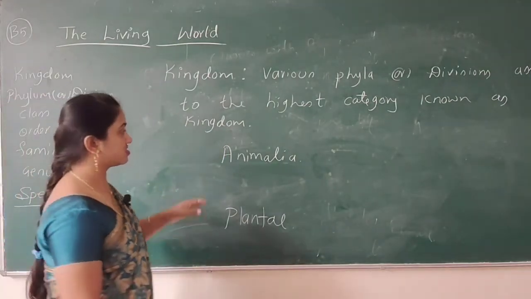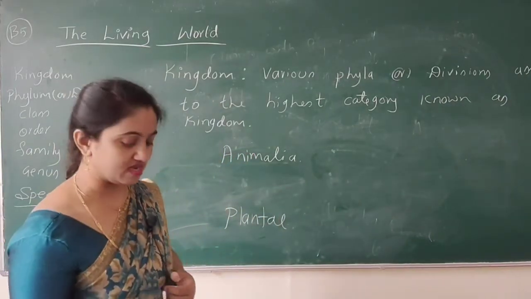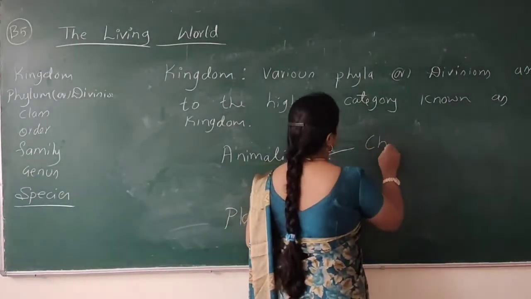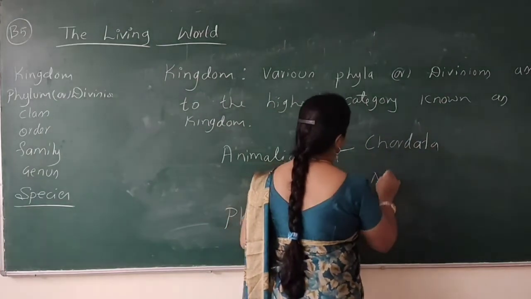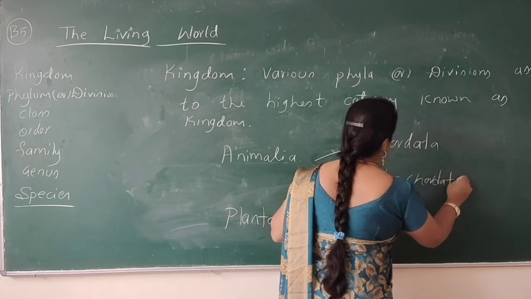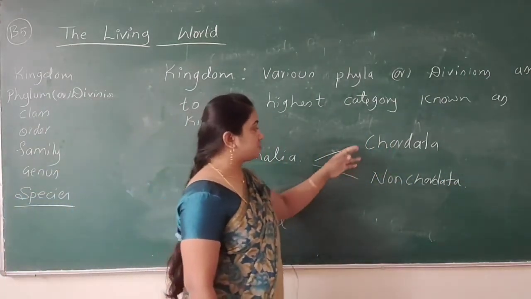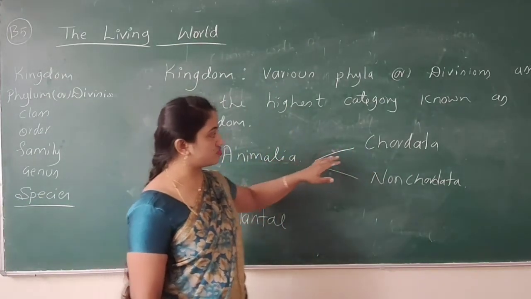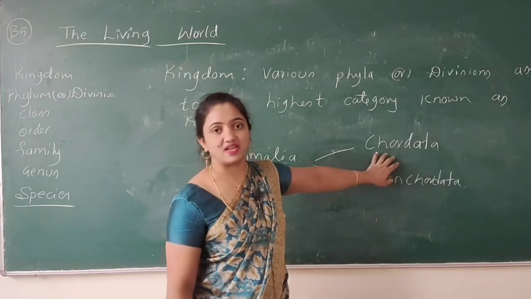No need to describe the kingdom Animalia. The kingdom Animalia includes chordata and non-chordata. These two belong to the same kingdom, Animalia. Why so? They are different from one another.